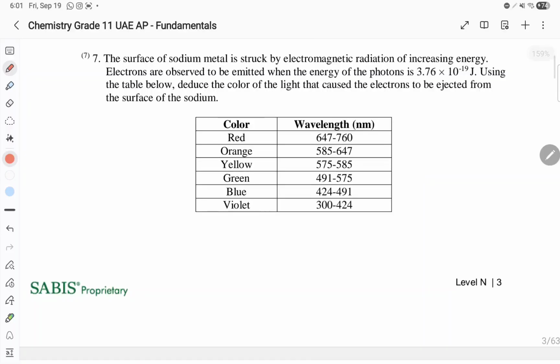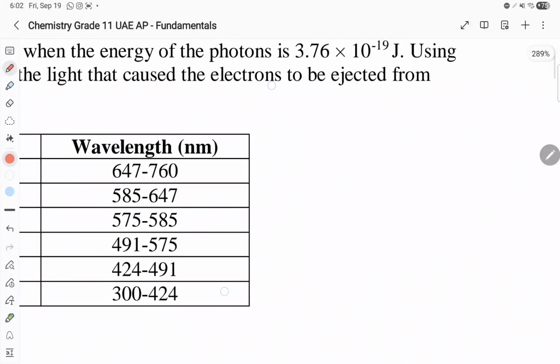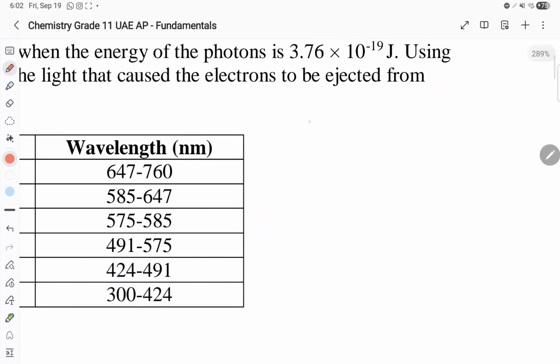So we have to memorize three equations. Now let's go with the basic equations. The basic equation is the speed of light: C equals lambda, which is the wavelength, times nu, which is the frequency.